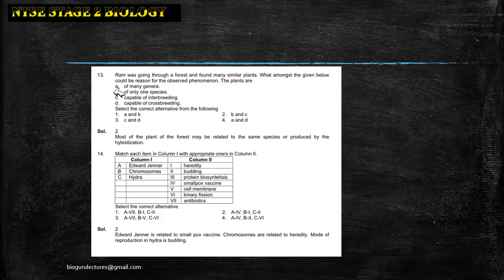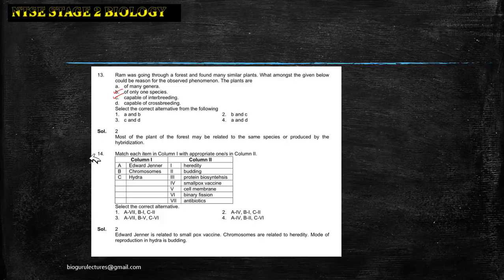Mostly they're looking similar because they could be the similar species, and secondly they are capable of interbreeding. Otherwise, the uniqueness of species is they can only interbreed among the same species. Outbreeding is nearly impossible between different species.